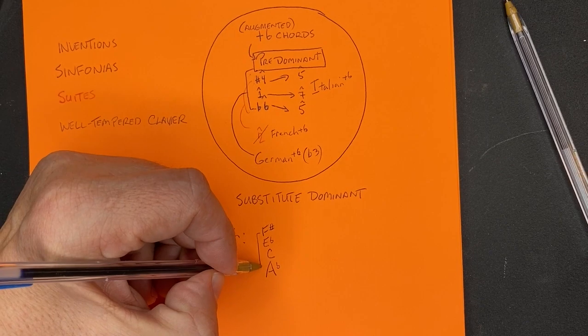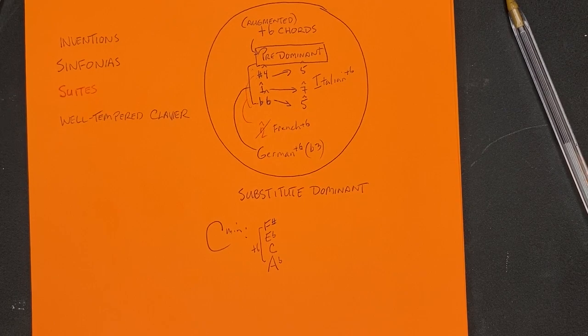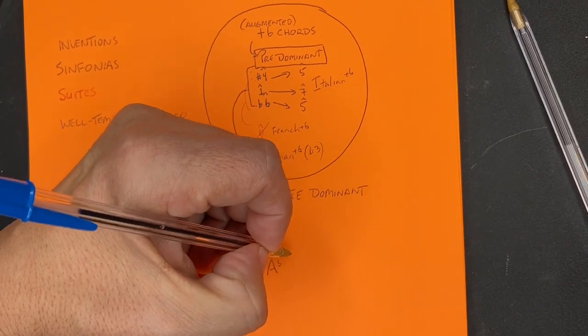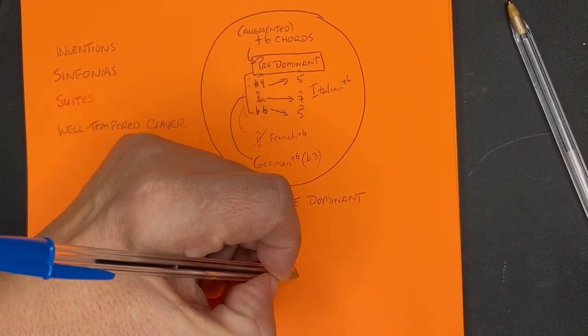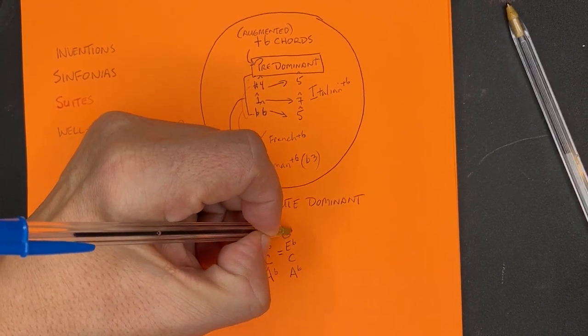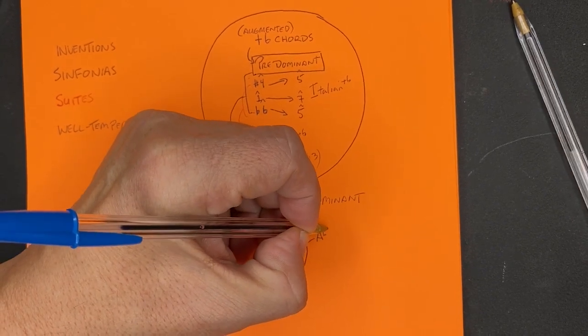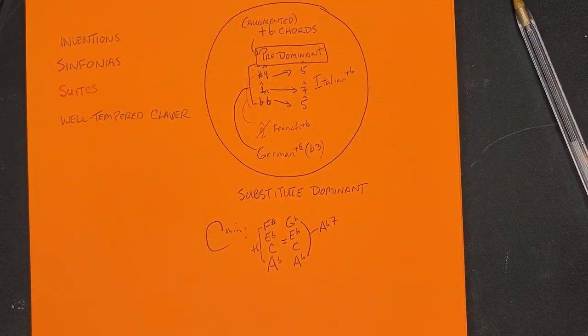And like I said, that's my augmented 6 interval right there. And if you've studied music theory and you can spell your chords, you know that this is the same thing as this because of enharmonic spelling. And that equals A flat dominant 7, which is a 5/7 chord.